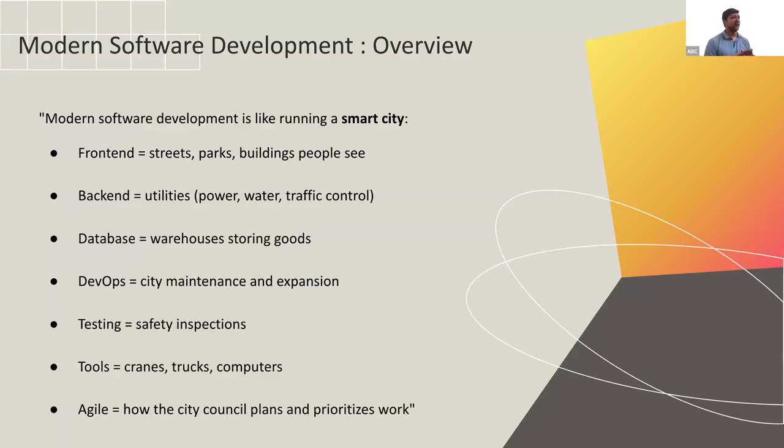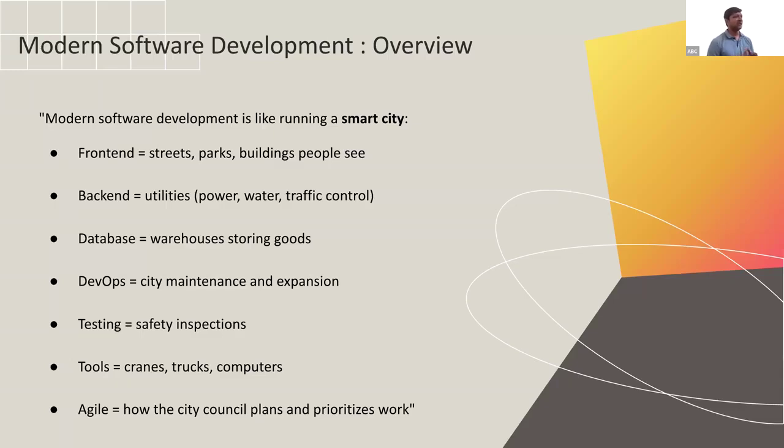Backend is something that runs the city. That means the utility, the power, water, traffic, and all of that is more like a backend. Database is a place where we keep all the goods, all the information is stored, so that even if the power goes off, there is something to hold it, a warehouse, something of that sort.